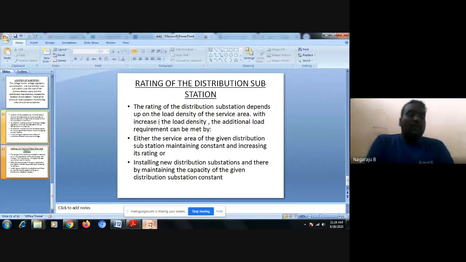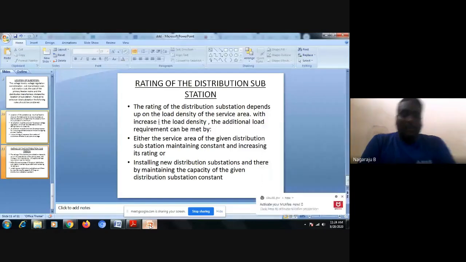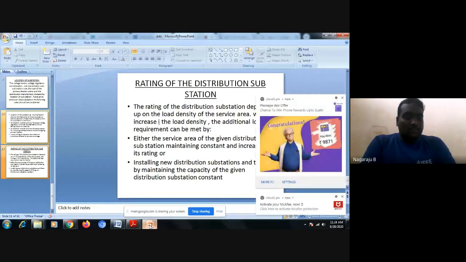by holding the service area of a given substation constant and increasing its capacity.